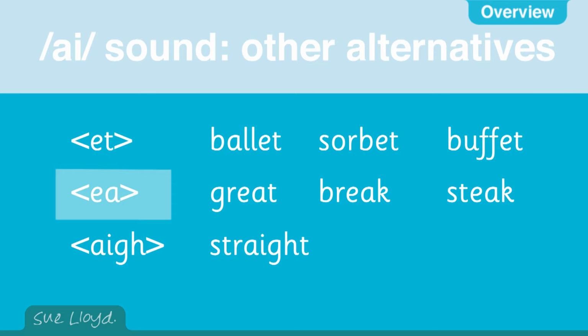Now, this ea nearly always has an ee sound, occasionally has an e sound, like in head and bread, but here it has an ay sound in the words great, break, and steak. And then there's the aigh, as in straight, and as far as I know, that is the only one.